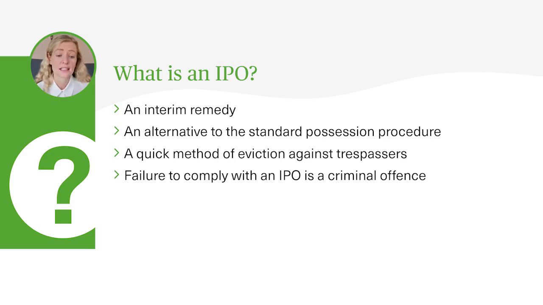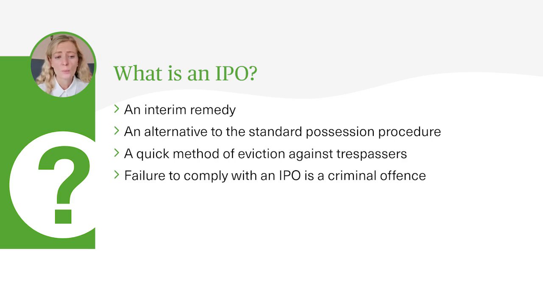The second key thing to note about an interim possession order is that it is an alternative method and procedure to the standard possession procedure under Part 55 of the Civil Procedure Rules. So it's a different route, if you like, to hopefully end up in the same place, which is getting your final remedy of a possession order, but it's an alternative method.